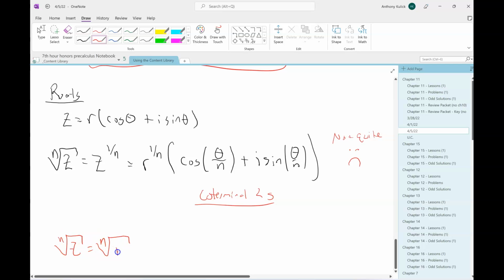I'm going to rewrite r to the 1 over n as the nth root of r, since this is going to be the formula.